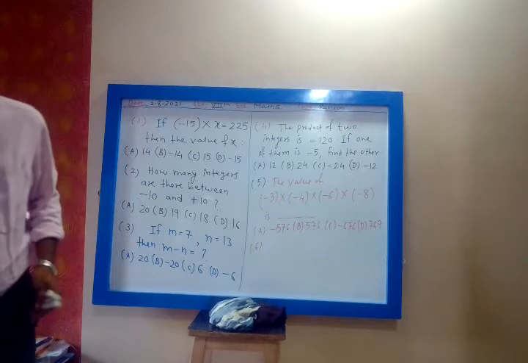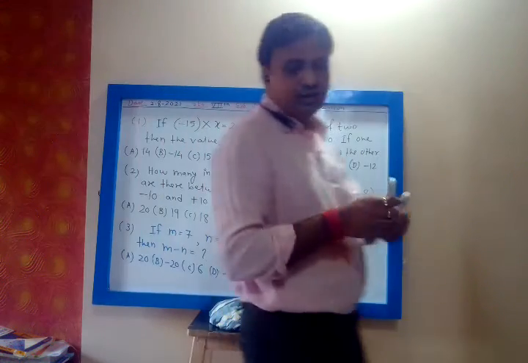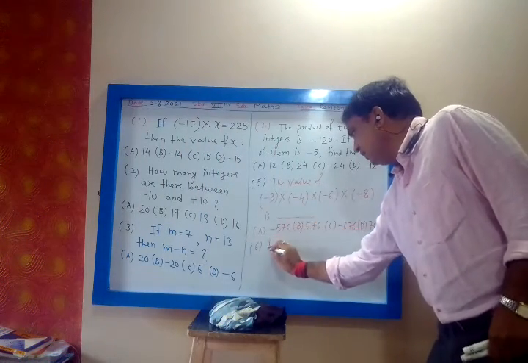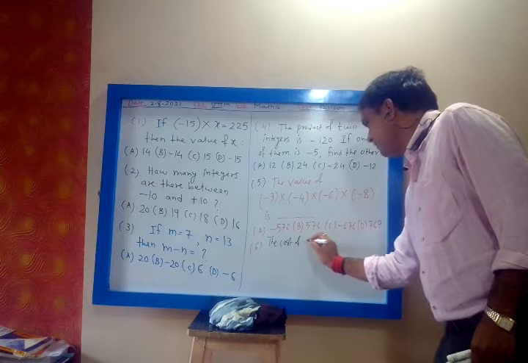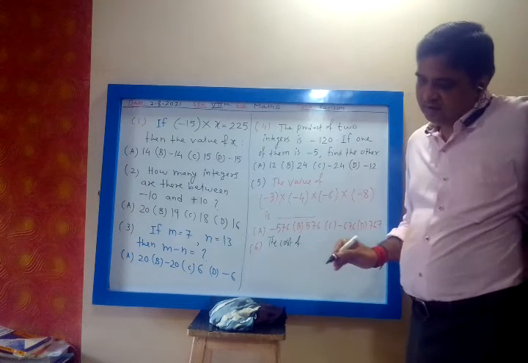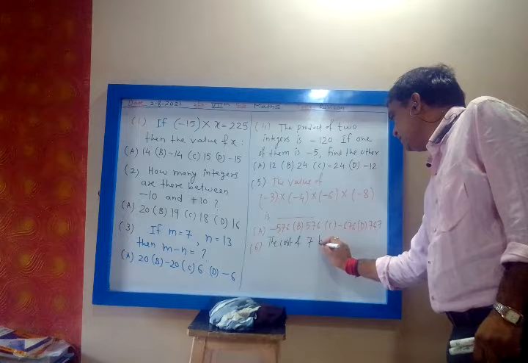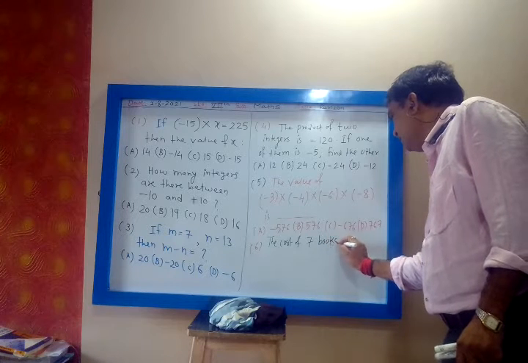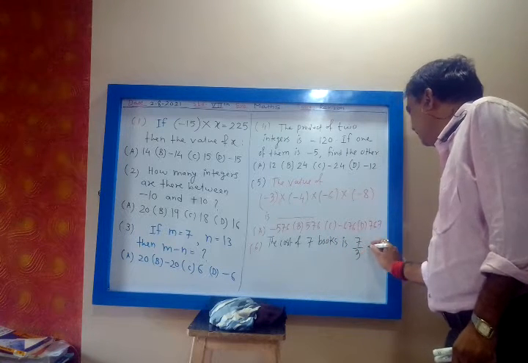Last question, the sixth one. Start doing the revision, my dear. You have to solve this. The cost of 7 books is 7 upon 3.